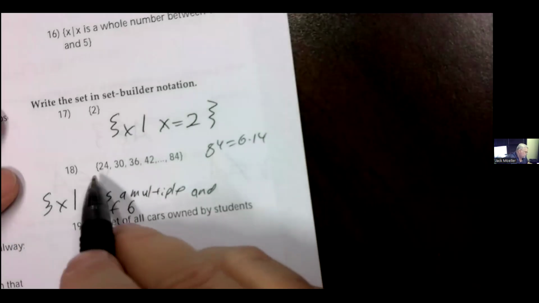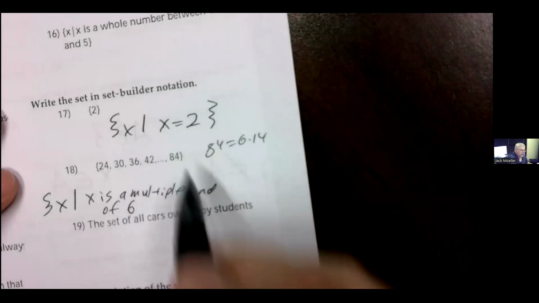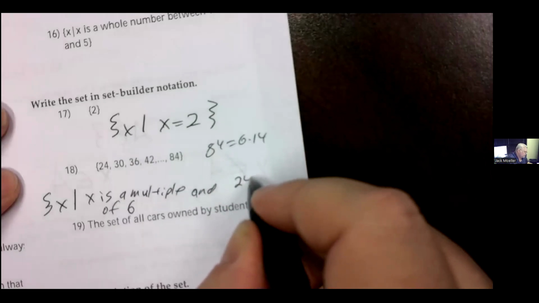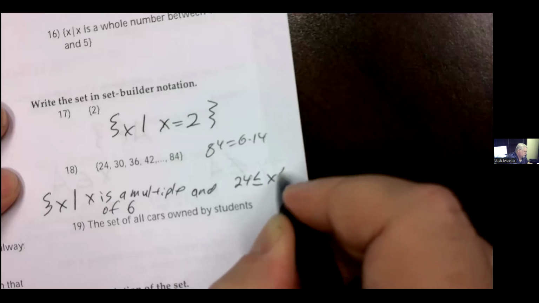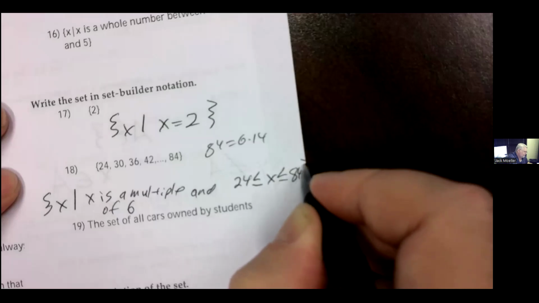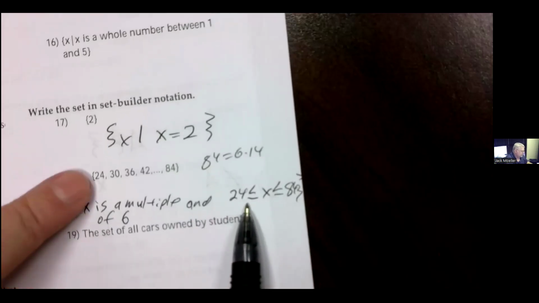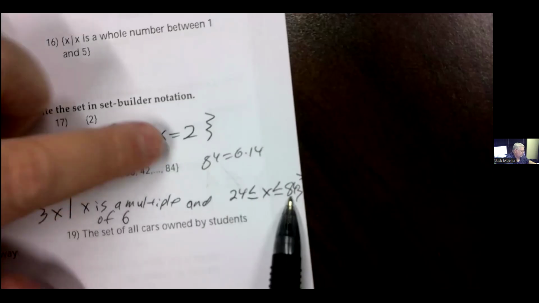How do we get the endpoints? Well, what I think is the most efficient way to do the endpoints would be to say 24 is less than or equal to x is less than or equal to 84. I'm going to close the bracket. Because if you put the less than or equal to, that means I'm including 24, I'm including 84.